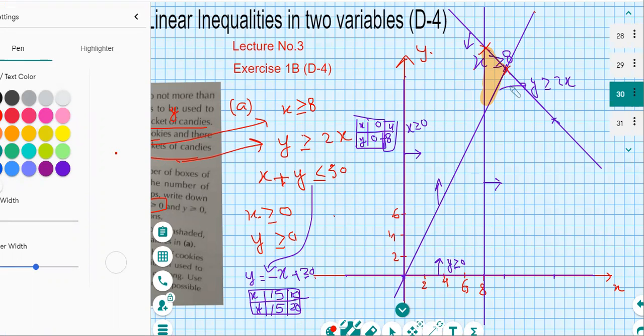Number two is this point, and number three is this point. So you can see that this point has x equal to 8, and y: 7, 8, 9, 10, 11, 12, 13, 14, 15, 16. So 8, 16 is the point. This point is 8, 16.